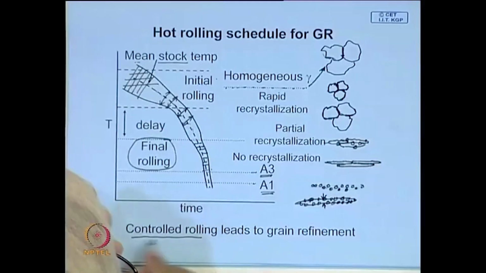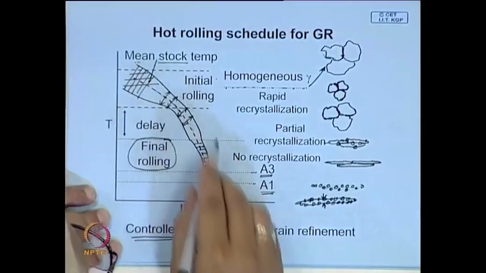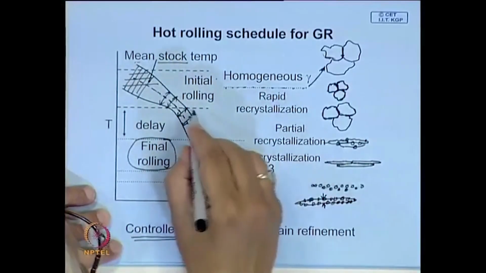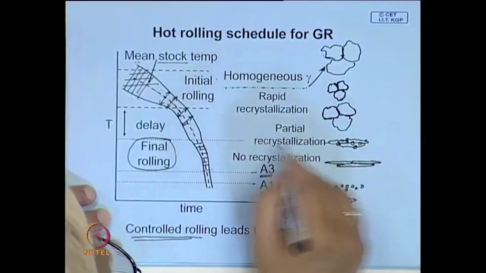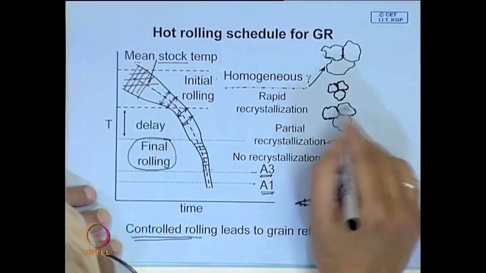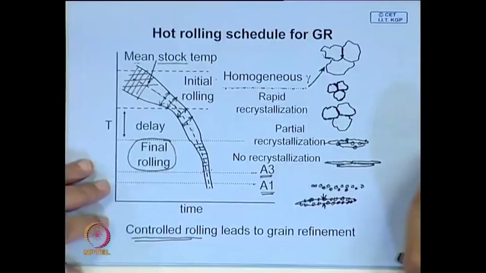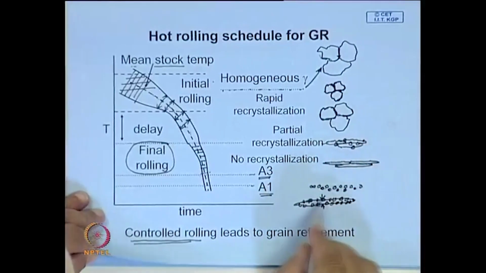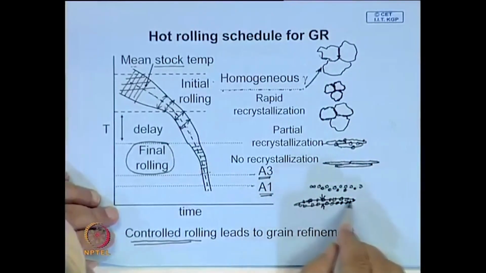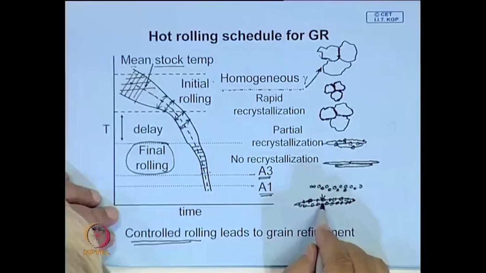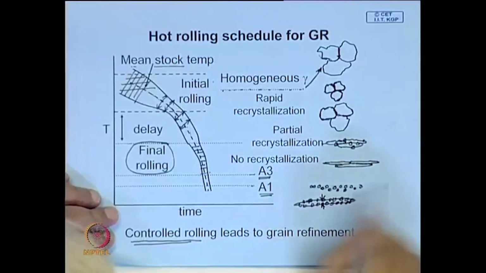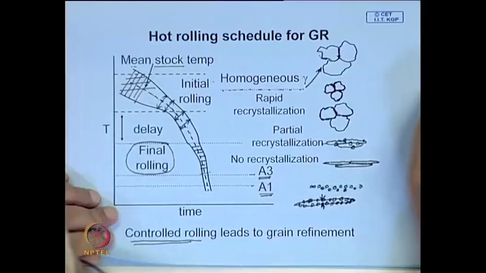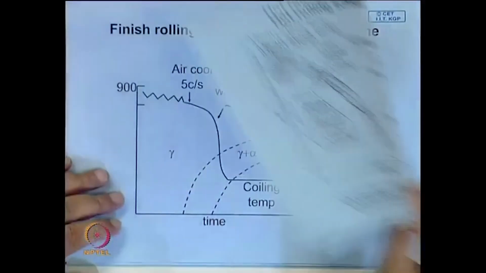You roll in such a way that you control the temperature and control the cooling rate, so that here you can delay, but you may be able to cool it a little faster, so that even this grain growth can be stopped. And finally, this is the stage when the ferrite grains have nucleated, and later on we will see how it is actually done in a rolling mill.